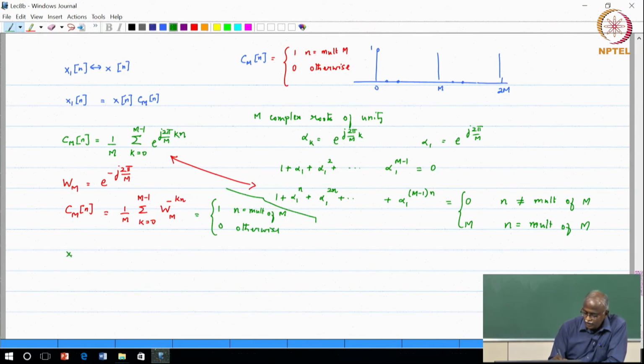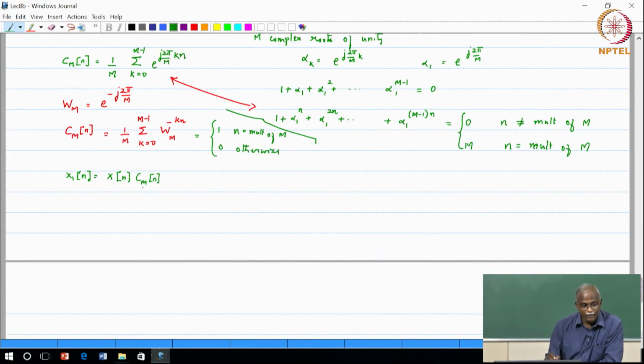So x1 of n is equal to x of n multiplied by the comb sequence. Okay, so basically multiplication by the comb sequence. Now I want to evaluate x1 of z. So far I did not do that. Let me evaluate x1 of z. This is basically summation n equal to minus infinity to infinity x1 of n times z power minus n.